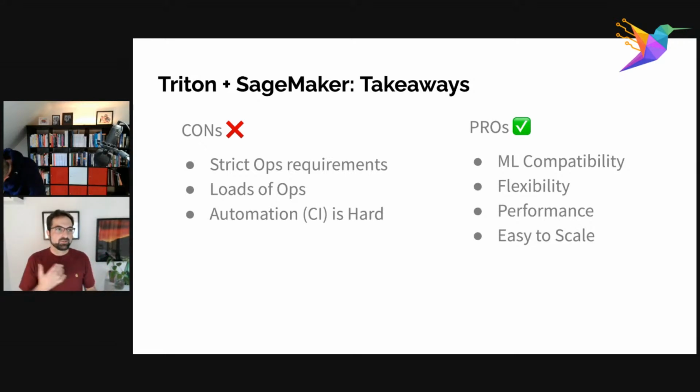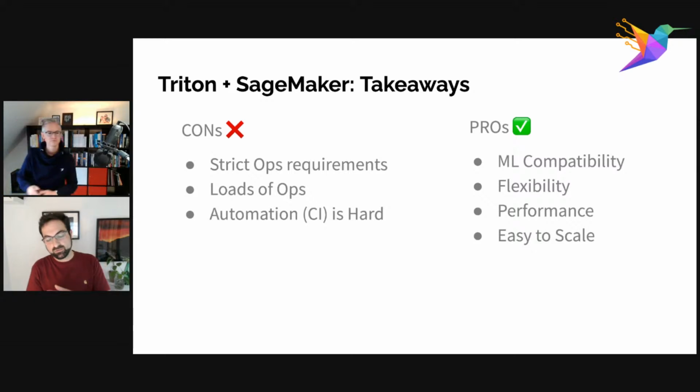But on the other hand, this combination of NVIDIA technologies and AWS proved to be very compatible with PyTorch, which we use, and a variety of other ML frameworks are supported. It's very easy to scale, and it performs very well.